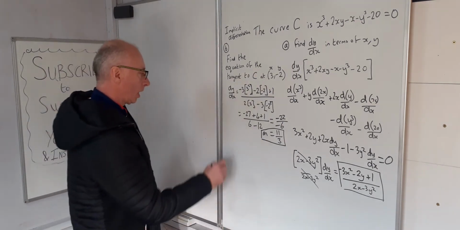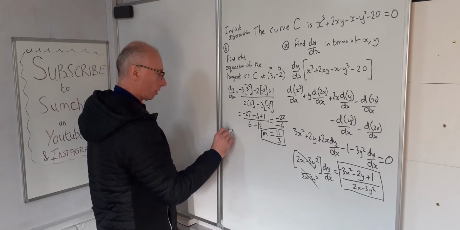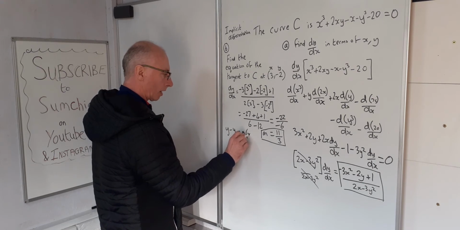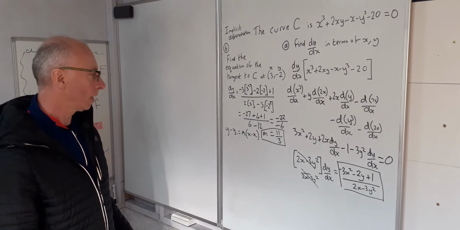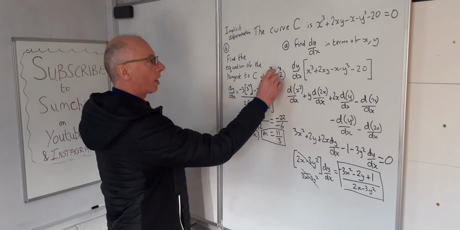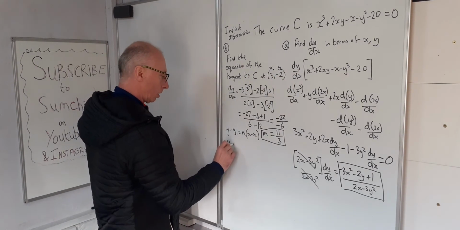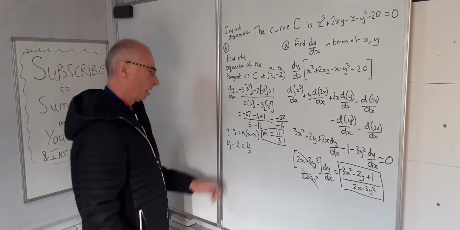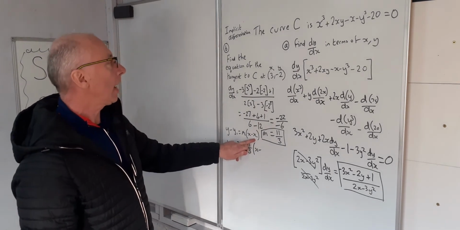Now, using the formula for the equation of a line at this point, y minus y1 equals m times x minus x1, let's plug our values in. So y minus minus 2 equals m, which is 11 over 3, times x minus x1, which is 3.